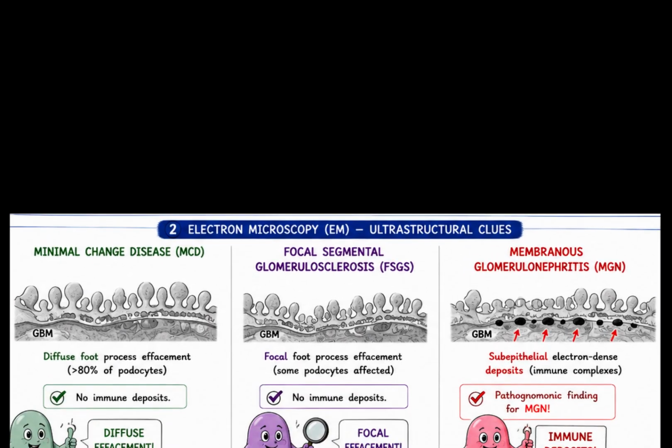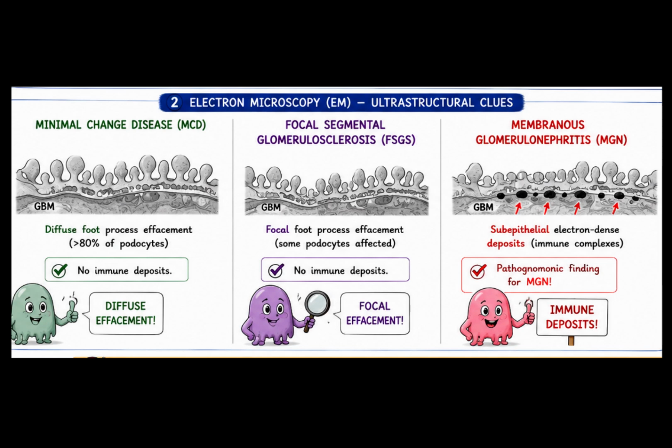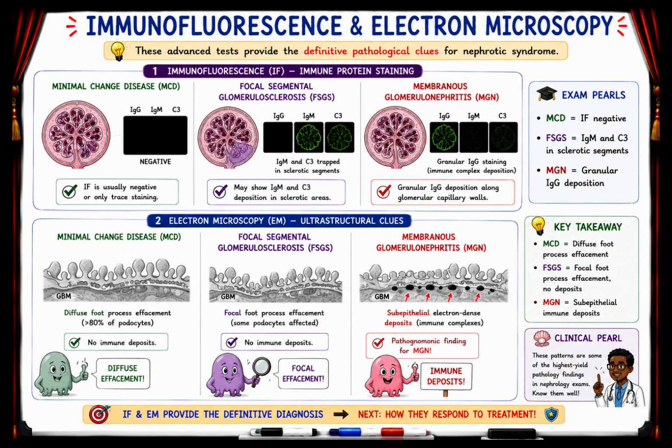On electron microscopy, MCD, diffuse foot process effacement; FSGS, focal foot process effacement without immune deposits; MGN, subepithelial electron-dense immune complex deposits, the pathognomonic finding. These are some of the highest yield pathology findings in nephrology examinations.